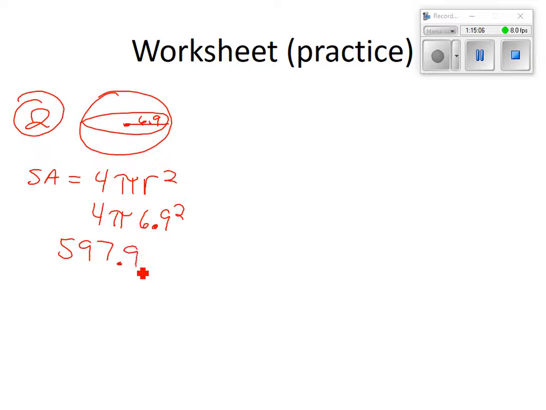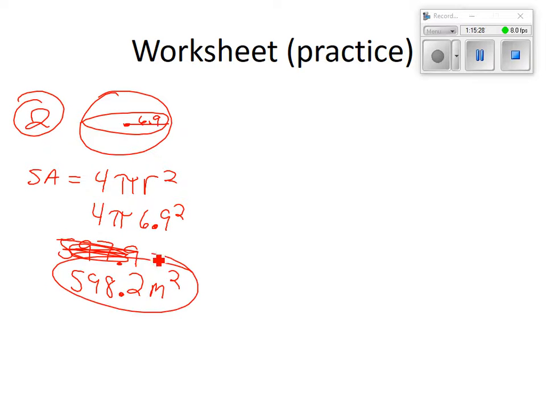No, I still have 598.2. So try it again. 598.2. Is that what we're going with? 598.2. What's our units? Meters squared. That's our surface area.